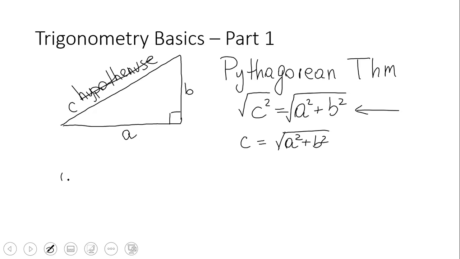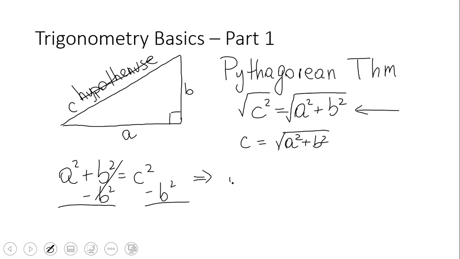For instance, if I rewrite it here as A squared plus B squared is equal to C squared, and I want to solve this for A in terms of B or C, all I have to do is subtract B squared from both sides, and that will give me that A squared is equal to the difference of the two squares. And then, just like before, I will take the square root to get A equal to the square root of C squared minus B squared. And as I said, this is a fundamental theorem of geometry, and it's going to be important for us when we study vectors.